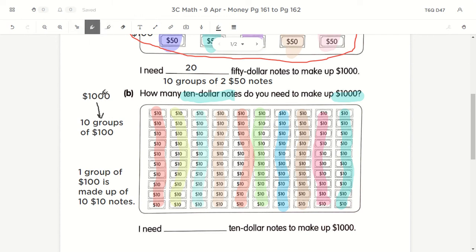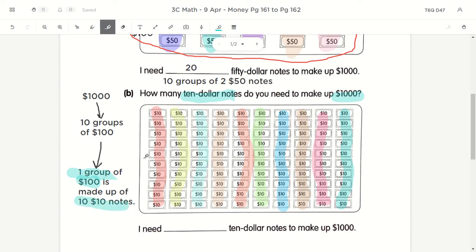Alright, so we start from 1,000. Everything here is 1,000, and you realize there are 10 groups of 100. So one group of 100, two groups of 100, three groups of 100. And then in each group of 100, you realize it is actually made up of 10 $10 notes.